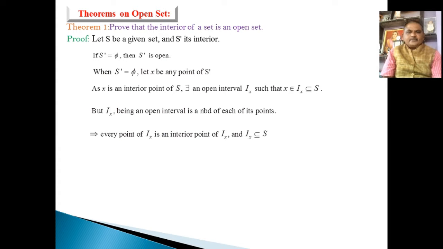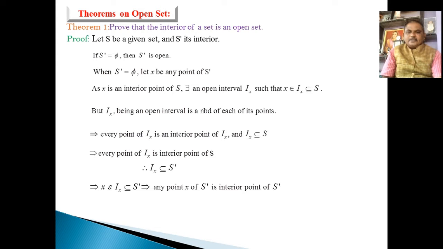But Ix is a subset of or equal to S. This implies every point of Ix is an interior point of S. Therefore, Ix is a subset of or equal to S'. This implies X belongs to Ix, which is a subset of or equal to S'. This implies any point X of S' is an interior point of S'. By the definition, we say that S' is an open set.